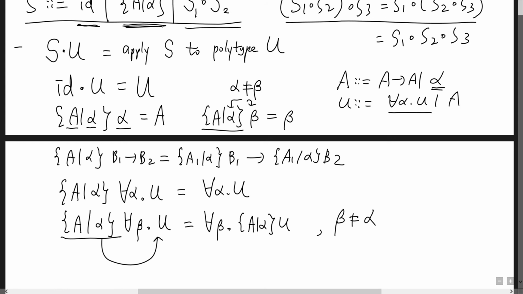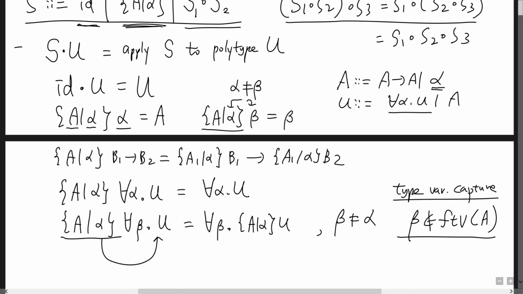But just like the ordinary substitution in lambda calculus, you have to be cautious about the chance of variable capture. So in order to prevent type variable capture, you have to make sure that beta is not found in the set of free type variables of A. So with this extra condition, you can always avoid type variable captures.